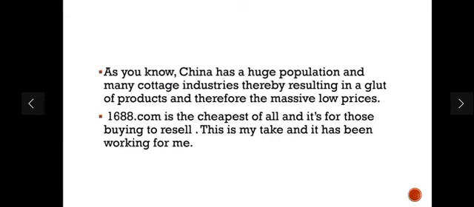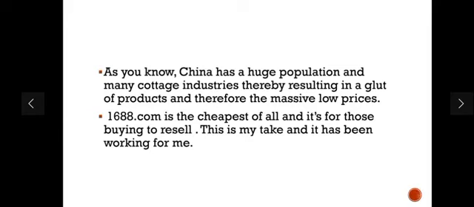As you know, China has a huge population and many cottage industries that deal in production, resulting in a glut of products and therefore the massive low prices. So if you understand the economics, when the demand is higher than supply, prices go up, but when supply is higher than demand, prices drop.